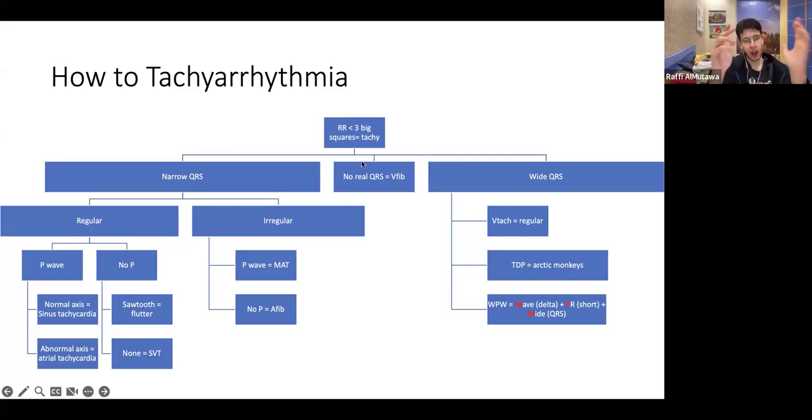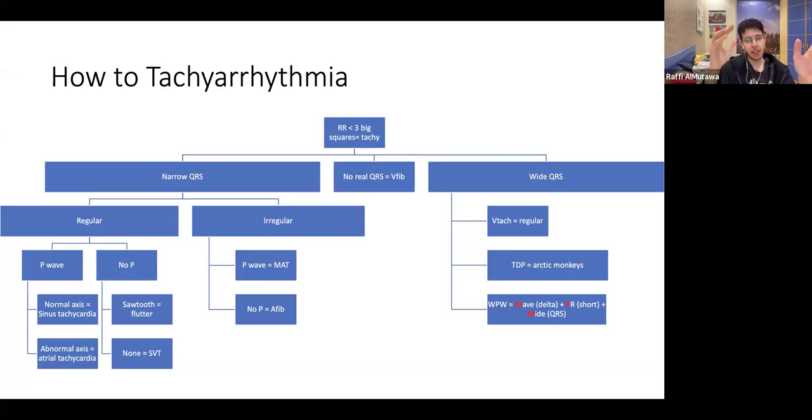First of all, how do we define a tachyarrhythmia? Tachy means high, and arrhythmia means abnormal rhythm. So it's a high abnormal rhythm, meaning high heart rate, abnormal rhythm. The normal heart rate for an adult is 60 to 100.